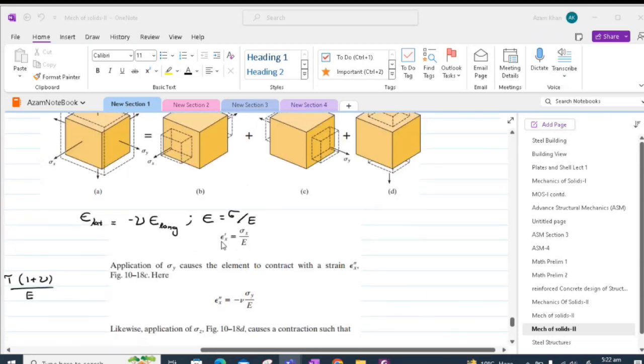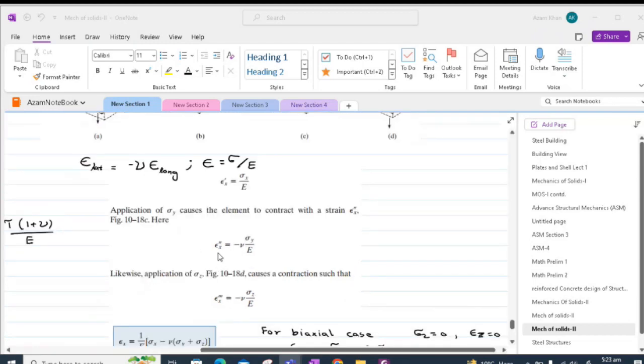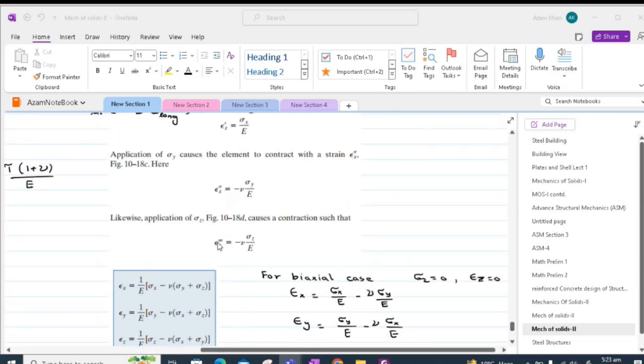So epsilon x bar, which is due to the axial stress, epsilon x double bar, which is due to the stress in the y direction, and epsilon x triple bar, which is due to the stress in the z direction.